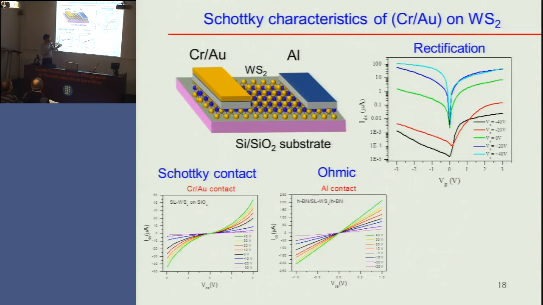And you can measure directly by using IV curves. You can prove which side shows Schottky barriers. Actually, if you use that chrome-gold contact, you could have a nonlinear IV curve, which shows there is a quantum barrier, which corresponds to the Schottky barrier. However, on the aluminum contact side, they made an ohmic contact like this. The reason I'm doing this is that I'd like to prove that the observed rectification really comes from the Schottky barrier itself.